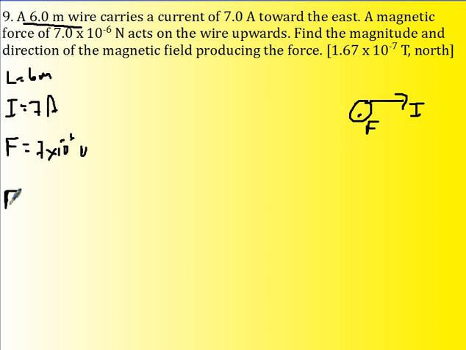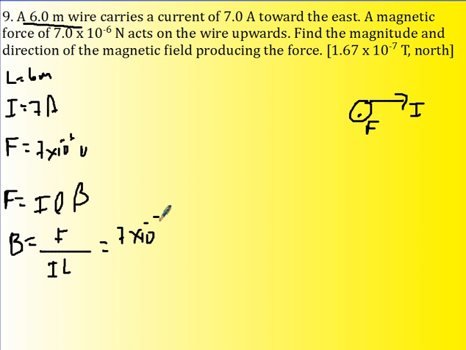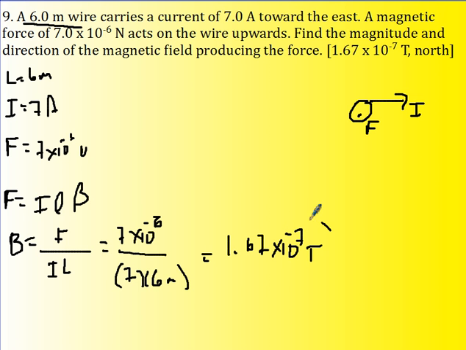So F equals ILB. So B is F divided by IL. The force is 7 times 10 to the negative 6 newtons. I is 7 amps, and L is 6 meters. Multiply this out, you get 1.667 times 10 to the negative 7 Teslas.